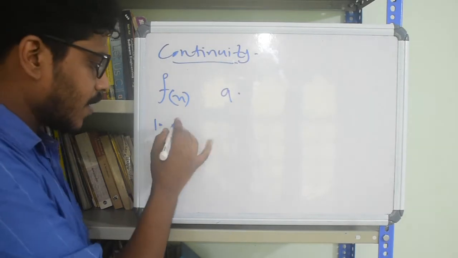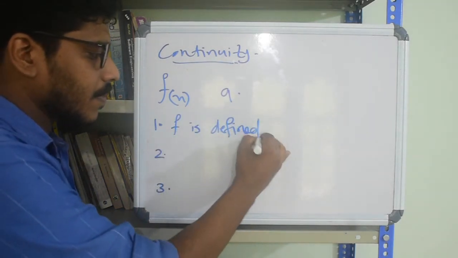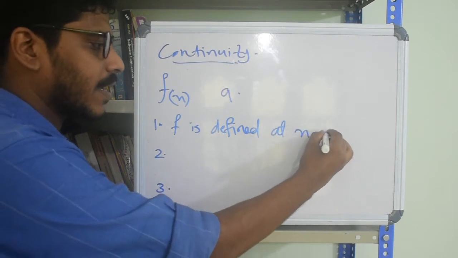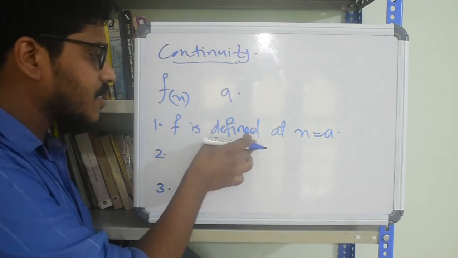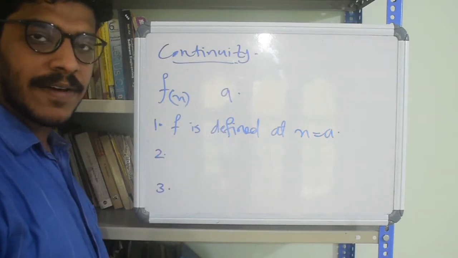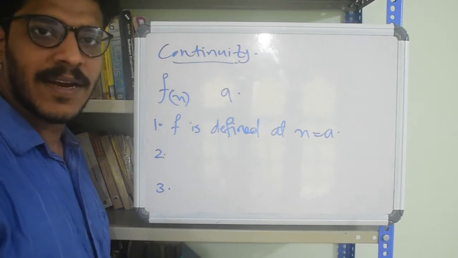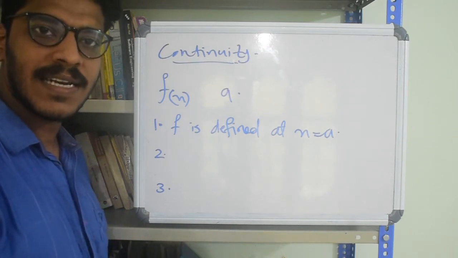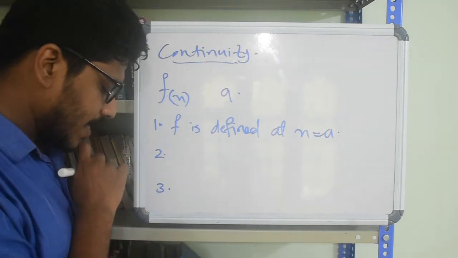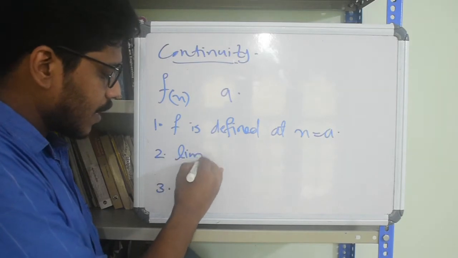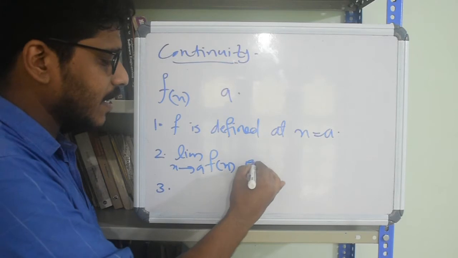Property number 1: f is defined at x equal to a. Continuity requires the definition of the function at that particular point. That's obvious. We cannot even say anything about a function if it is not defined somewhere. The second property is that the limit as x tends to a of f of x exists.